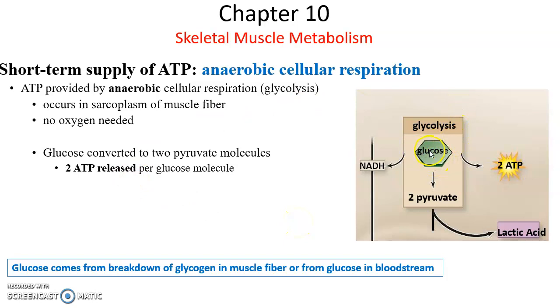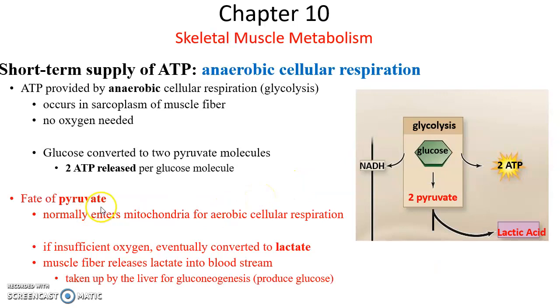So glucose is used up quickly, inefficiently, to give us 2 ATP. That's sort of the medium short-term supply of ATP by the muscle. The lactic acid will go into the bloodstream, end up in the liver where it'll be turned back into glucose, gluconeogenesis. So that's the fate of pyruvate via anaerobic cellular respiration.